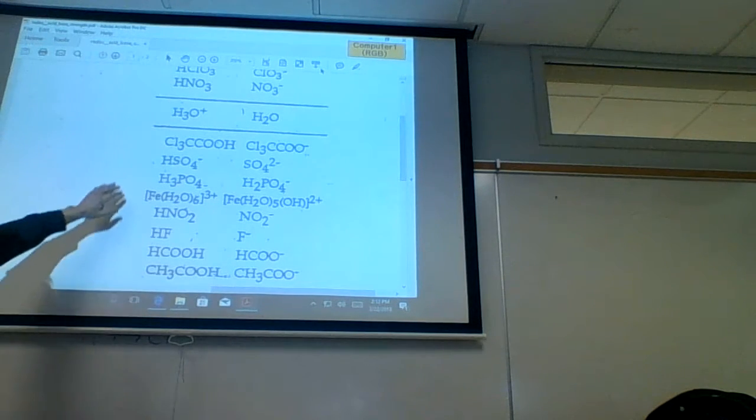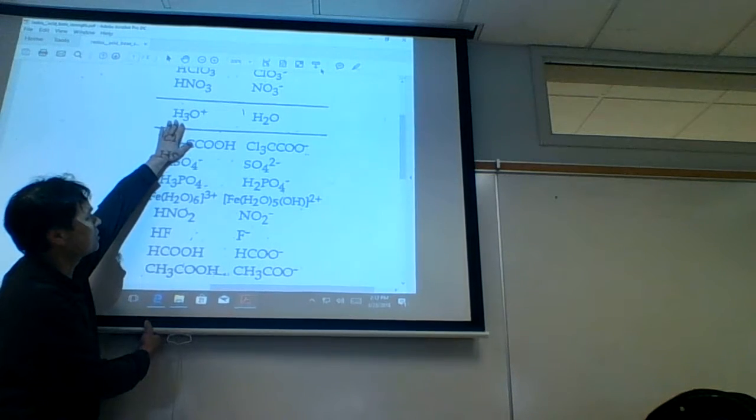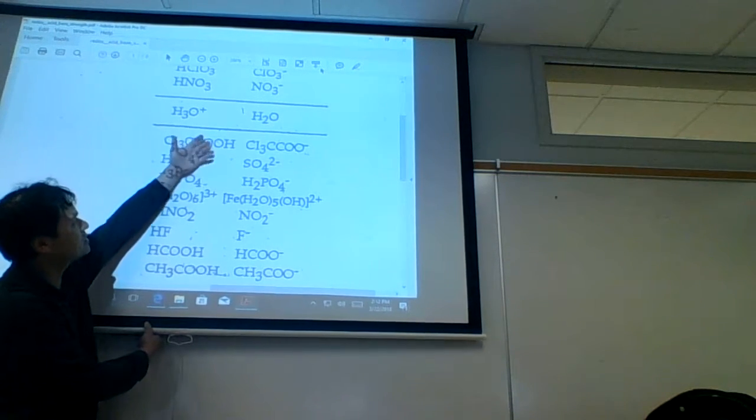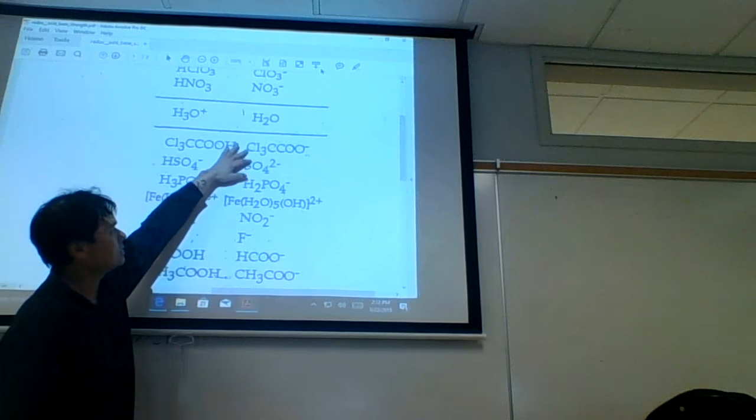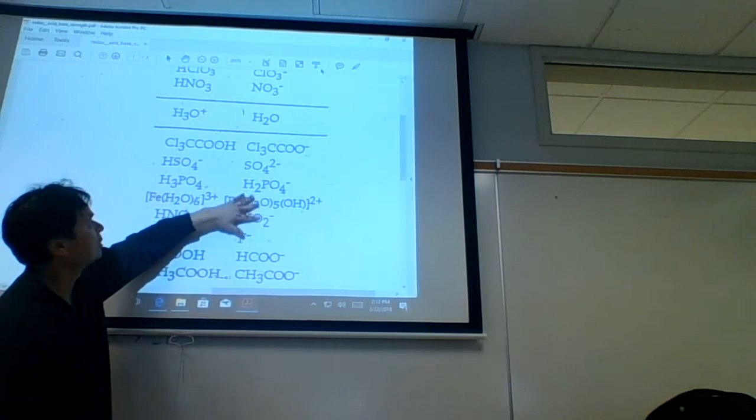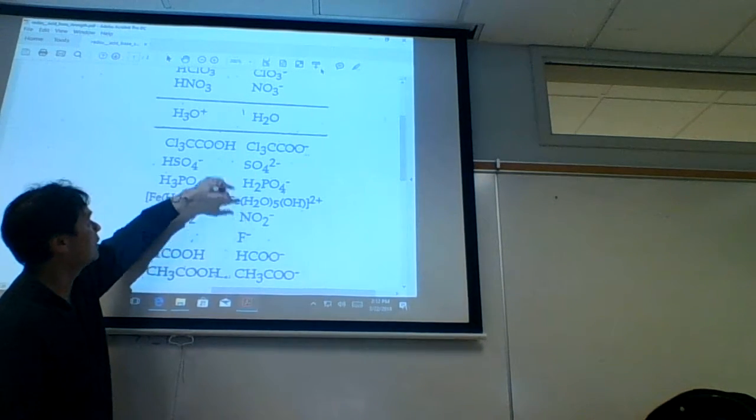So here, H plus, aka hydronium, we'll talk about this more when we get to acids, but the ions that it reacts with would be all these. All these bases here react with H plus.